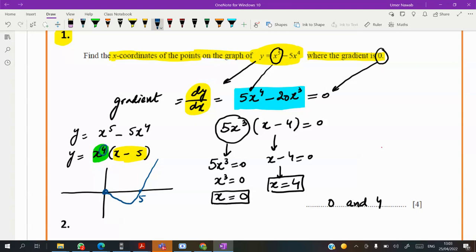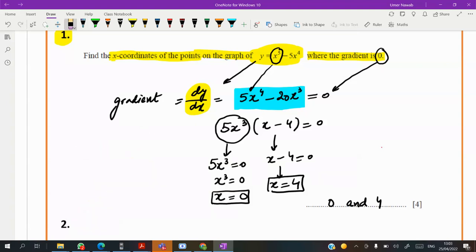On the origin, it gets closer to the x-axis. Anyways, I try to make it more flattened, and then the graph goes down. So whenever you have any repeated polynomial factor, at that time the graph touches, and x is 5, so this is one x-intercept. So the sketch is drawn here, but it is not asked by the examiner.